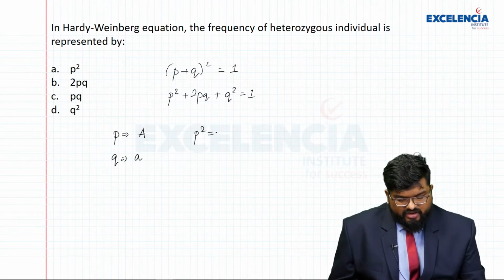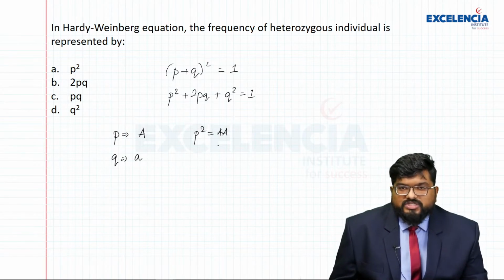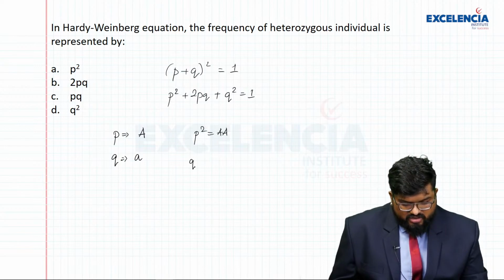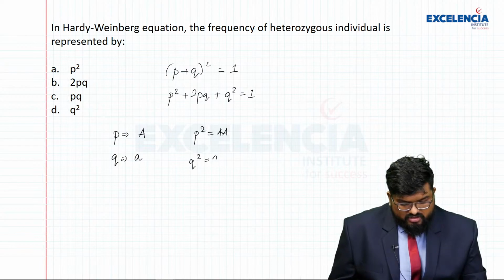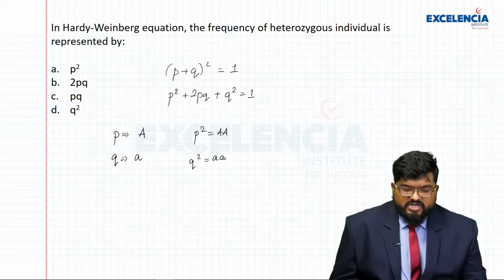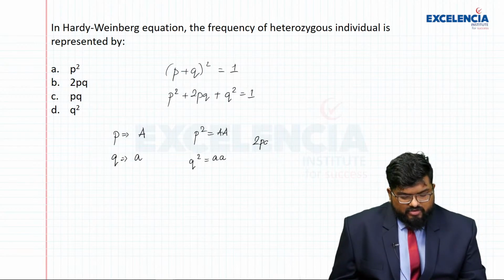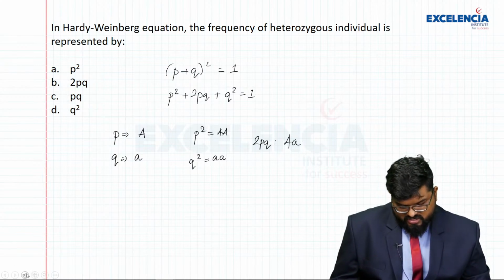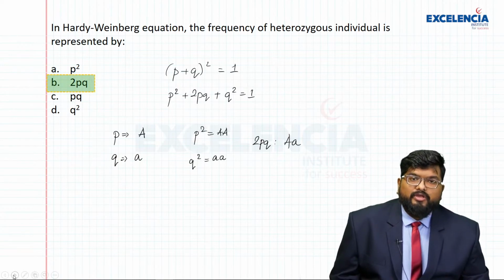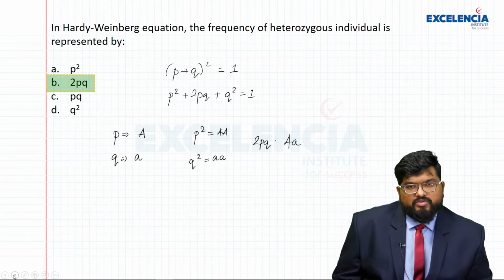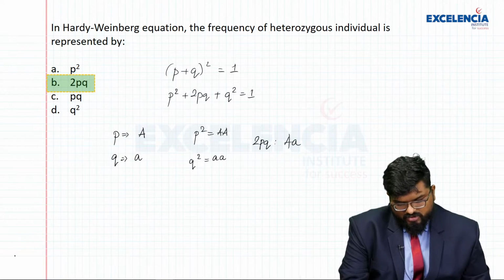So p square gives the frequency of the homozygous dominant condition, q square gives the frequency of the homozygous recessive condition, and 2pq gives the frequency of the heterozygous condition. So this is how Hardy-Weinberg equation or Hardy-Weinberg equilibrium works.